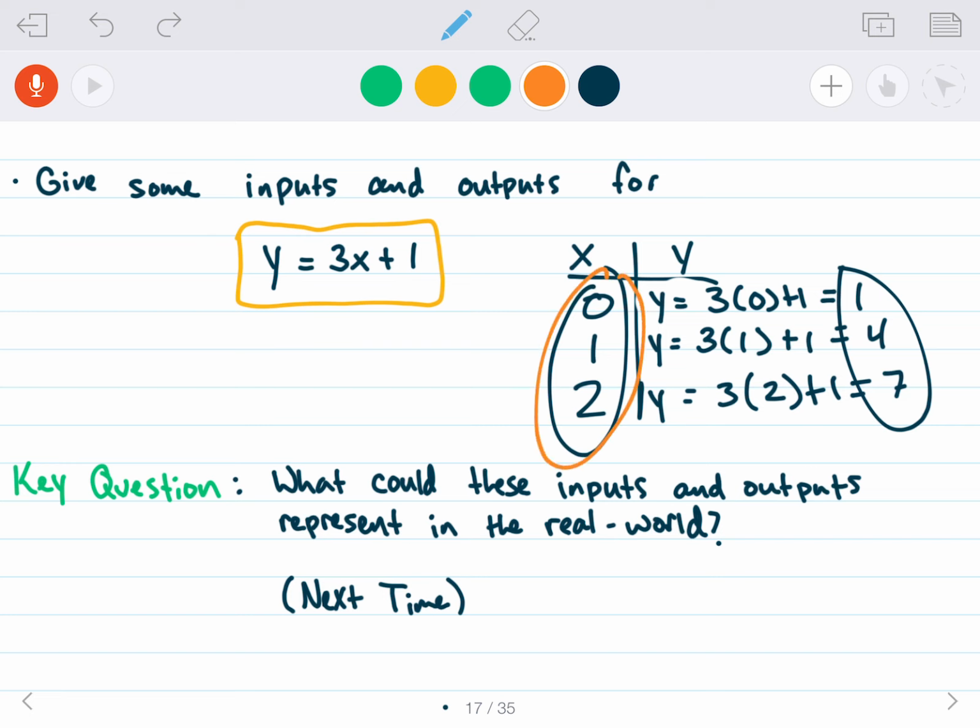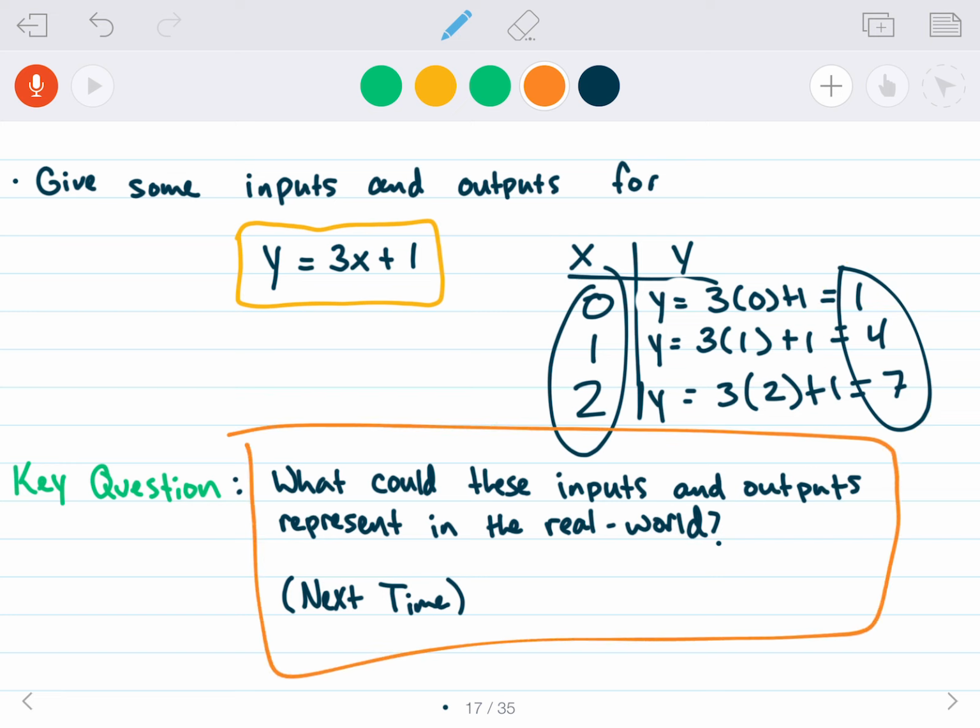Something happens when we plug in values for x. We get some rule that produces these outputs. We're going to touch more on that in the next video, but just keep that in your head when we're doing all this, because there's a purpose for it. There are real world implications.